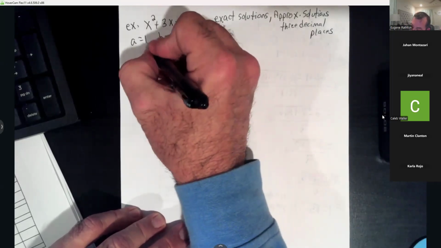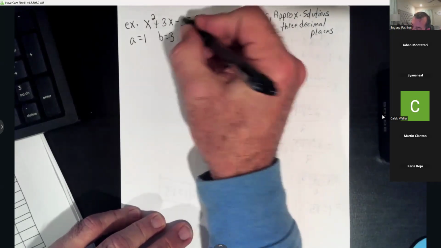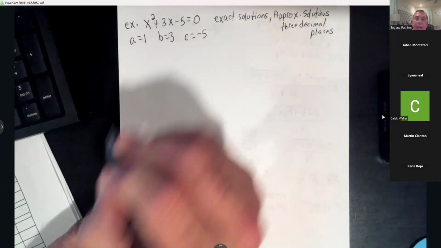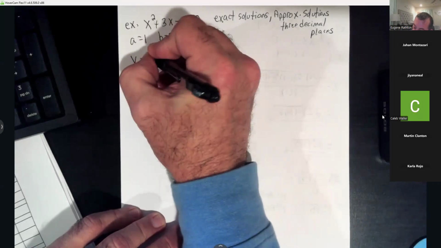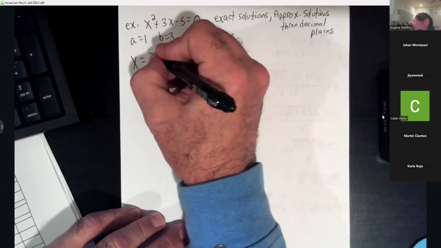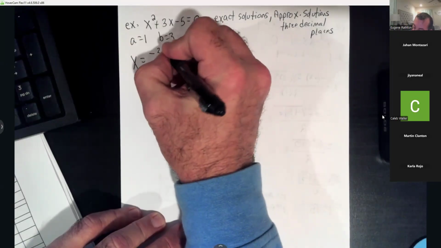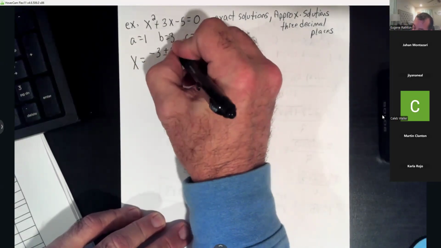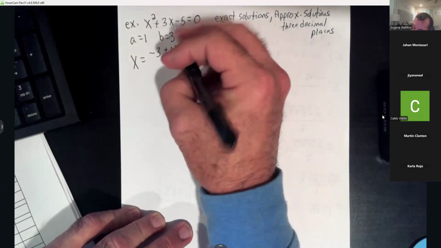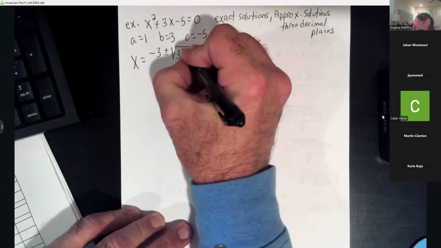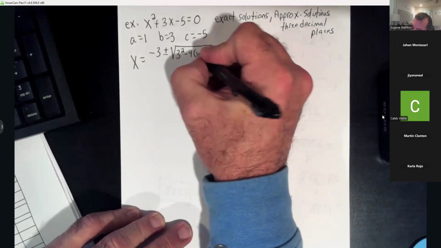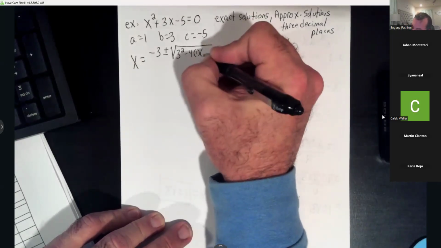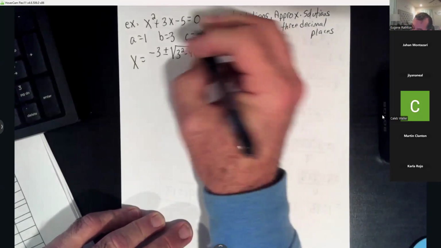So A is 1, B is 3, C is negative 5. So y'all, let's plug them in. X equals negative B, which is 3, plus or minus square root. B squared would be 3 squared minus 4 times A, which is 1, and C, which is a negative 5.